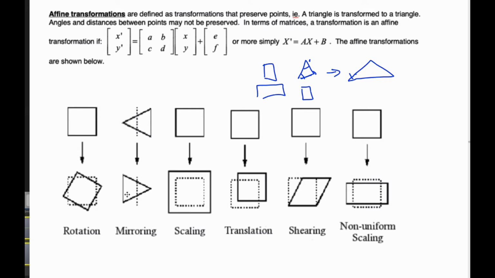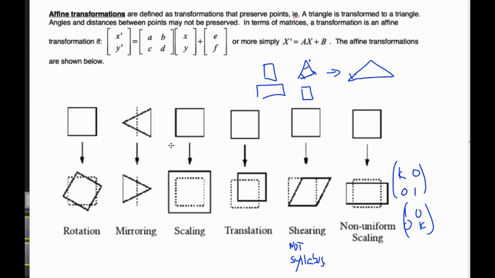It could be rotation, mirroring, scaling, a translation, or a shear, which is not part of our syllabus directly, but perhaps they may lead you through something like that. You would just have to make that connection for yourself. Or a non-uniform scaling, so a k, 0, 0, 1 scenario or a 1, 0, 0, k type scenario.